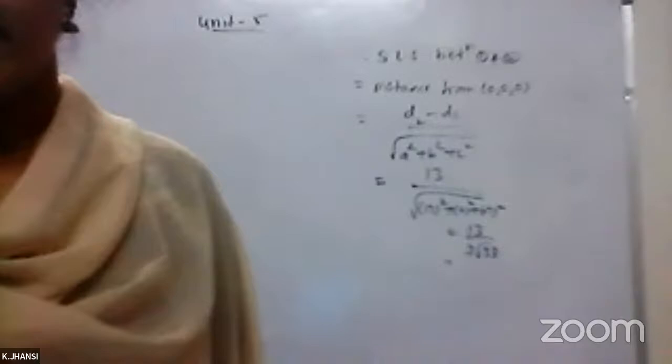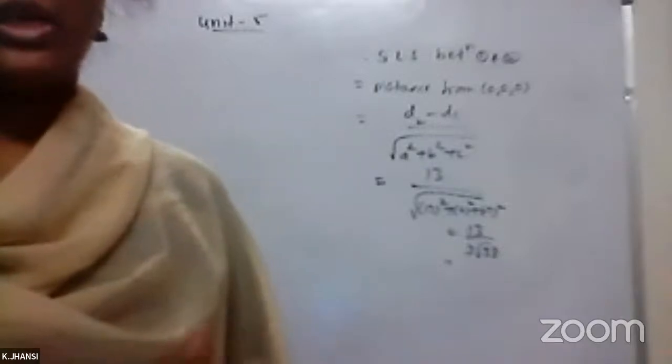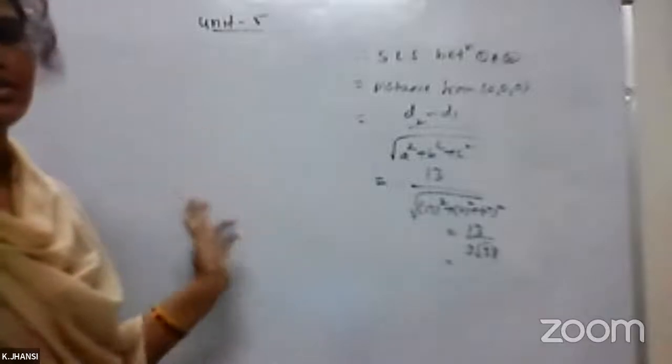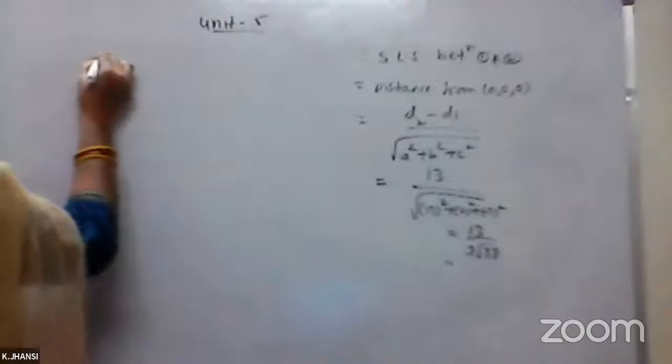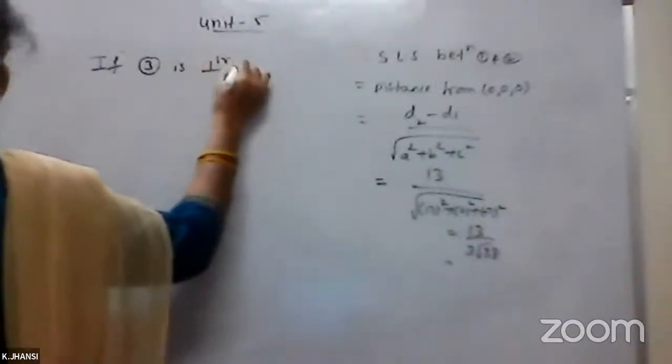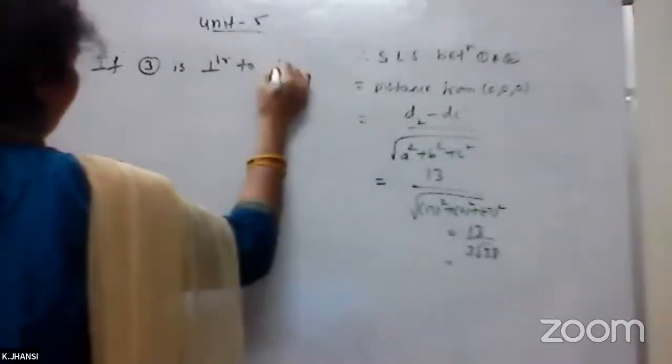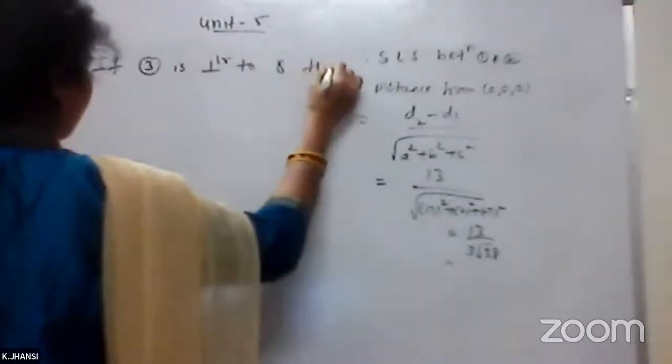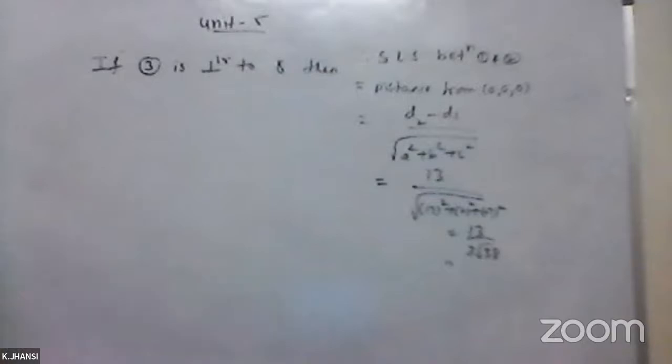Now we have to find the equations of the line, with respect to the shortest distance and also the given points. So if 3 is perpendicular to 9, what were our equations?